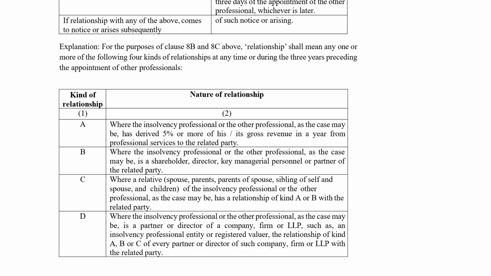And fourth point is where the insolvency professional or the other professional, as the case may be, is a partner or director of a company, firm or LLP, such as an insolvency professional entity or registered valuer, the relationship of kind A, B, or C of every partner or director of such company, firm or LLP with the related party. So this is the relationship disclosure.